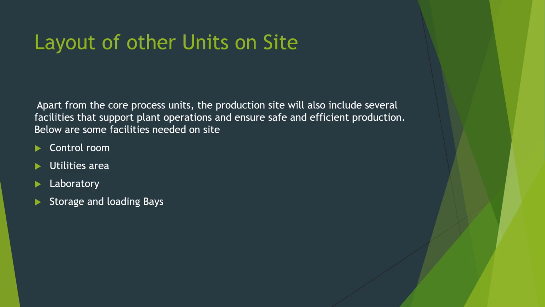2. Utilities area. So the utilities area contains boilers, cooling towers, and compressors that supply process steam, cooling water, and air. 3. Laboratory. So the laboratory is used for product quality analysis and catalyst testing.